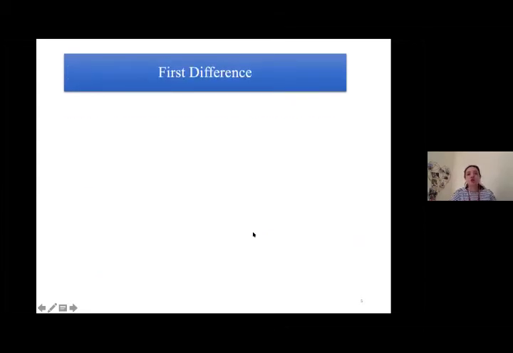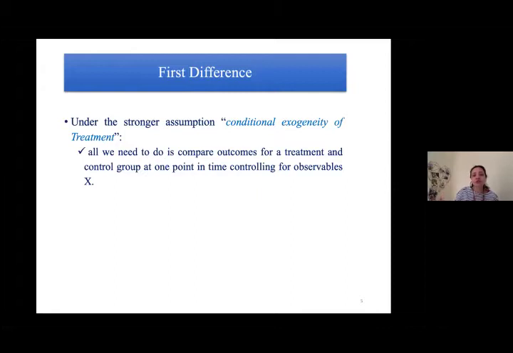Okay, so if we have the conditional exogeneity of treatment, the strong assumption where all the characteristics are not affected by unobservables, all we have to do to determine the impact of a specific program is to compare the outcome of a treated individual or treated group and the control group at one point in time, as we did before.